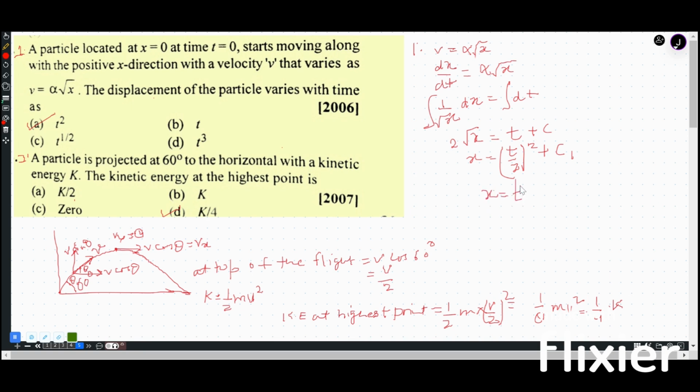That means position is changing with the square of time. In this case, option A, t square, is the right answer, because we don't have to calculate position at a particular time. All we have to establish is the relationship of x with t.